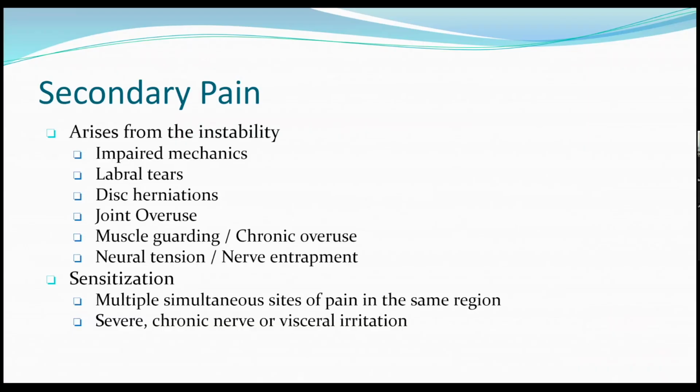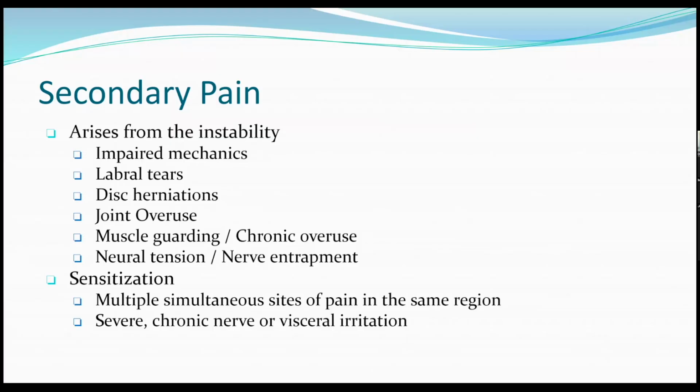And then there's often compensatory balances that occur in other areas. So whether the structure that's being misused becomes a source of pain, or a structure that ends up compensating and taking stress because the structure that's not moving properly is not taking the stress that it's meant to take, impaired mechanics lead to pain.